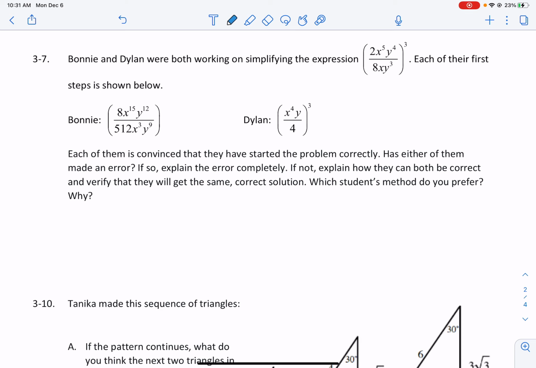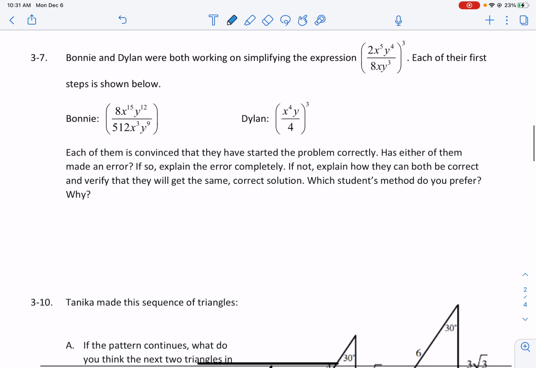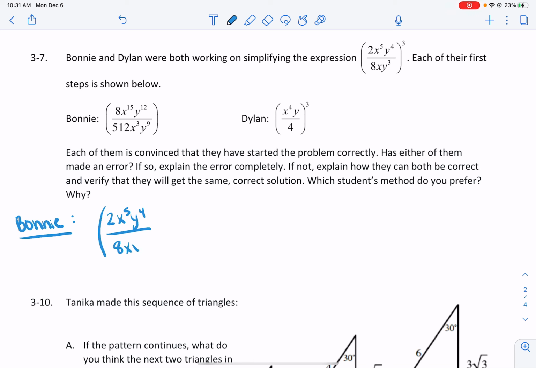So I'm going to solve it like how Bonnie did, and then I'll show you what it is that Dylan did. If we look at Bonnie, everybody keep in mind, we're starting with that original up there, the 2x to the 5th, y to the 4th, to the third power.